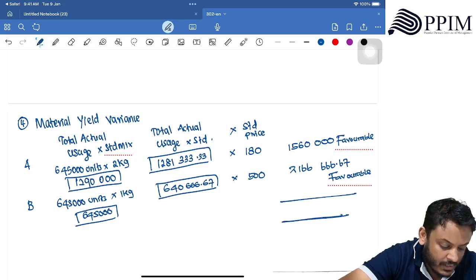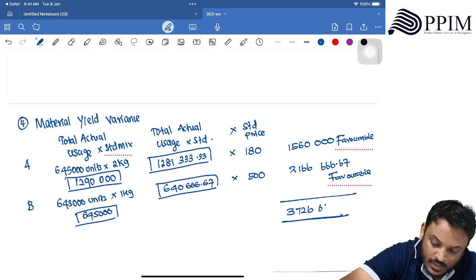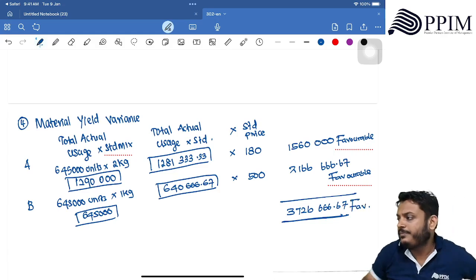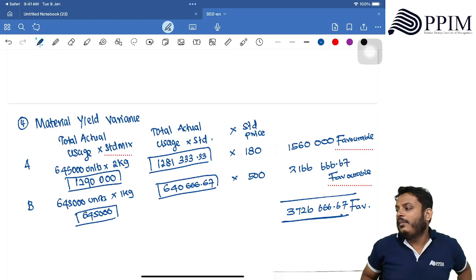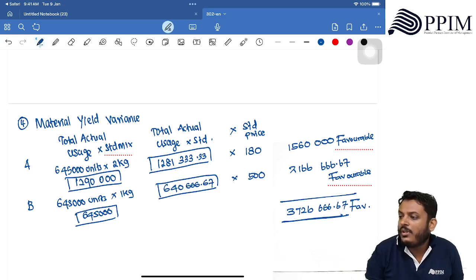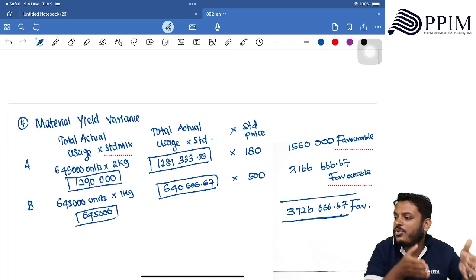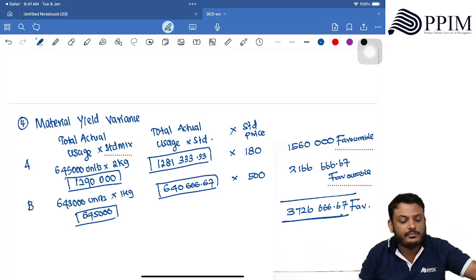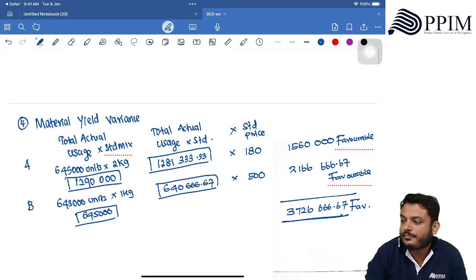Total material yield 3,726,666.67. That is also favorable. So technically material we expected to yield as per the mix, and material actually yielded. Copy this.